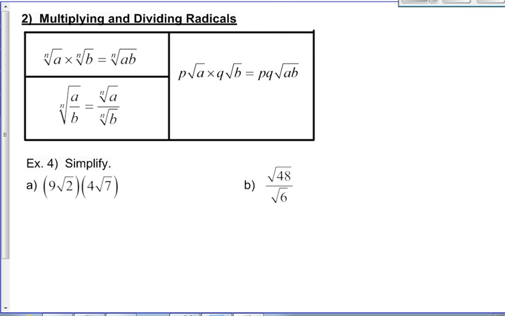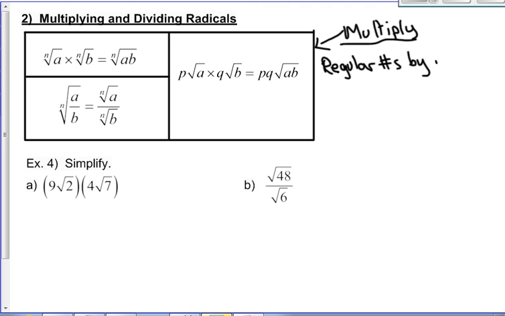Let's take a look at some of the rules for multiplying and dividing radicals. So here they are written formally. But I think the best way to think of this is when we multiply or divide, it's regular numbers by regular numbers.